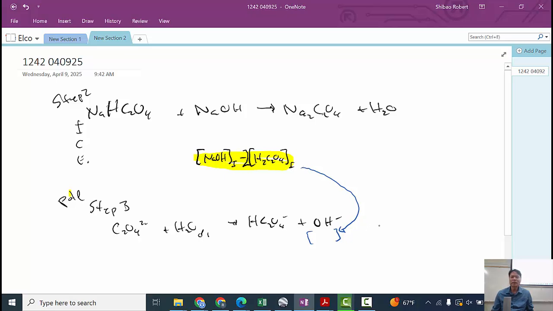We're going to assume we won't get too much additional hydroxide from this step. The common ion will reduce the amount of hydroxide produced in this step, and therefore we're going to assume that the additional hydroxide generated in this step is not significant.